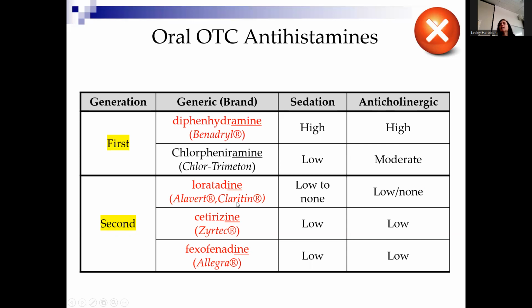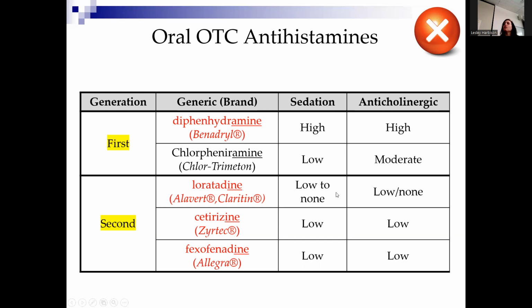But we all know them as Claritin, Zyrtec, and Allegra, right? Those are very common brand names that we see in the store. We tend to say those more than loratadine. I've had the doctor refer to it when they prescribed it before. It just depends on the practitioner, but a lot of us recognize these brand names.